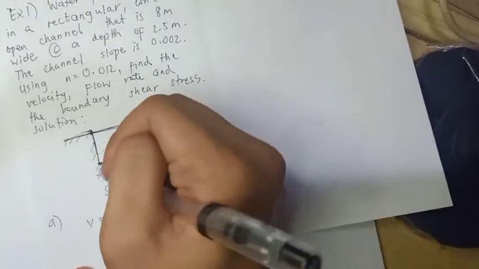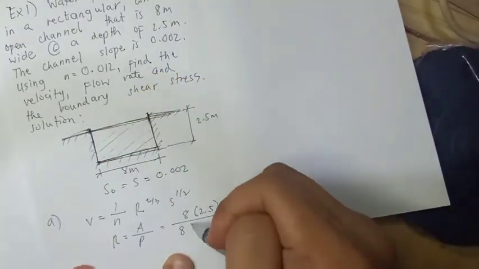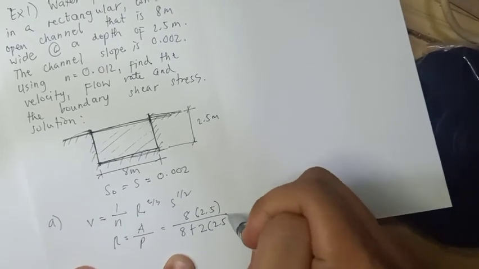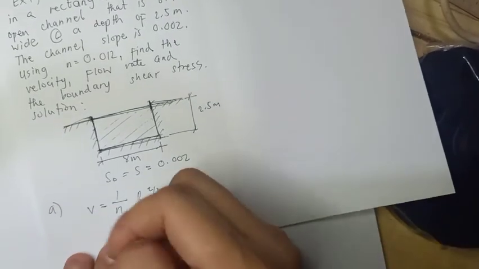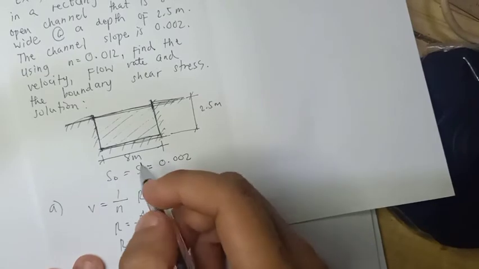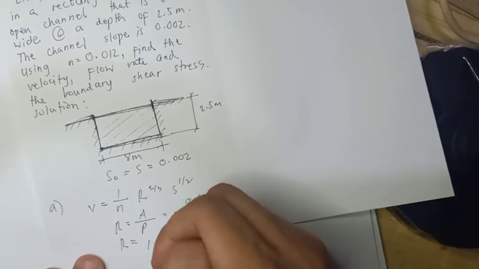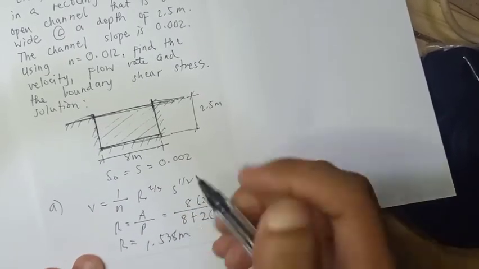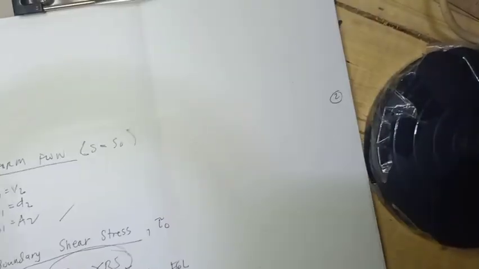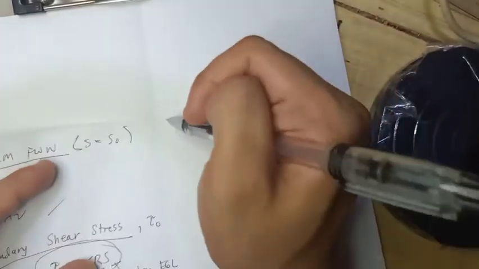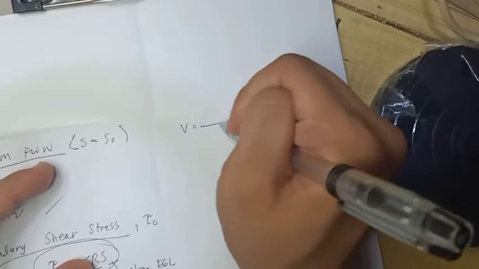So 8, ito perimeter, tapos dalawa na deep. So 2 times 2.25. Therefore, our hydraulic radius is 1.538 meters. So, input natin yon. V equals now to 1 over n.